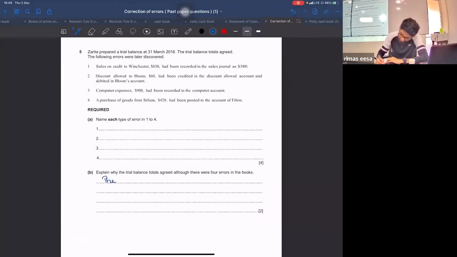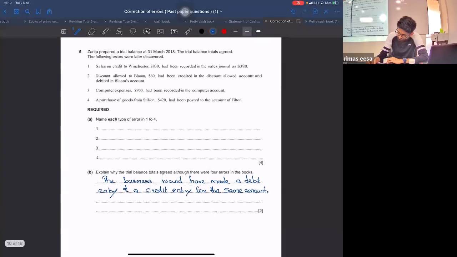Explain why the trial balance totals agreed, although there were 4 errors. The reason is the business might have made a debit entry and a credit entry for the same amount. Debit and credit is equal.